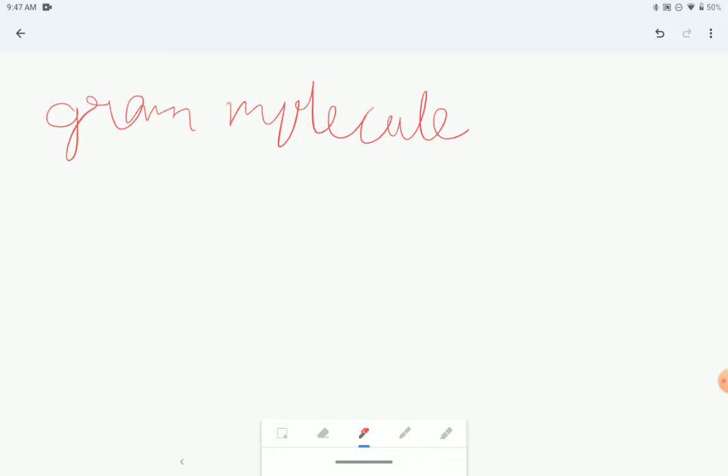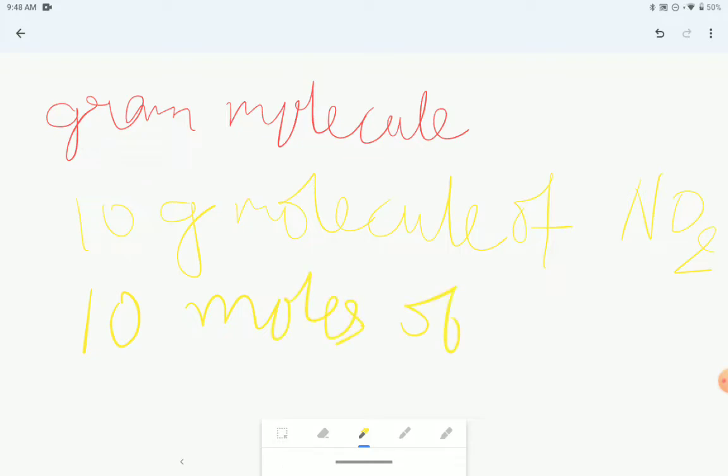I'll give you an example for this also. 10 gram molecule of, let's say, some compound NO2, which is nothing but 10 moles of NO2. So these both are the same. Gram molecule is nothing but number of moles.